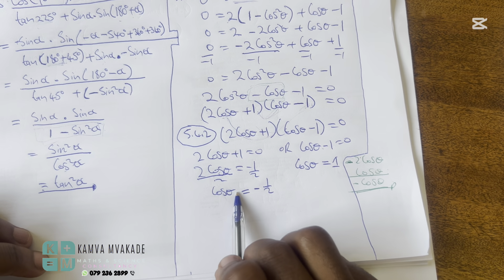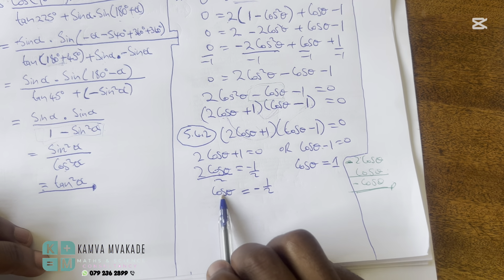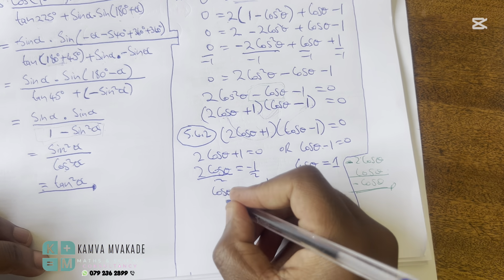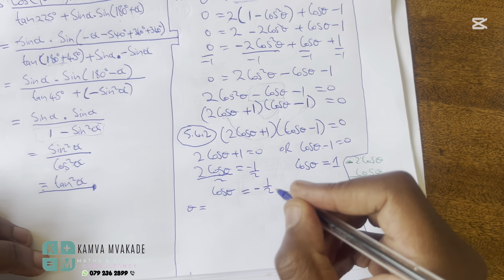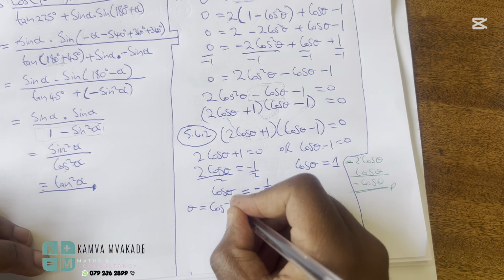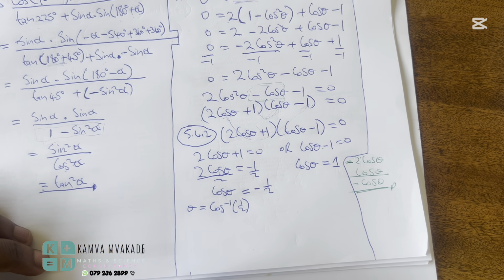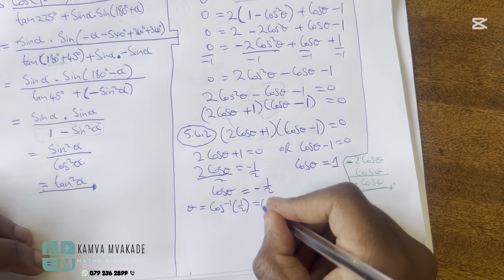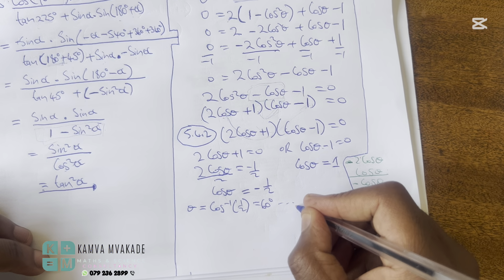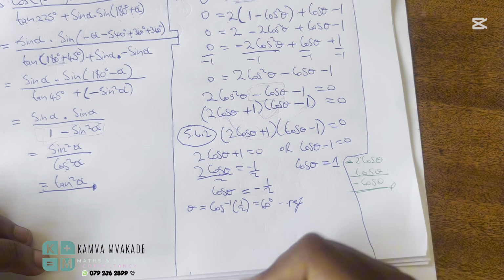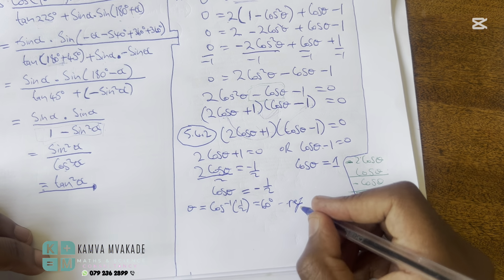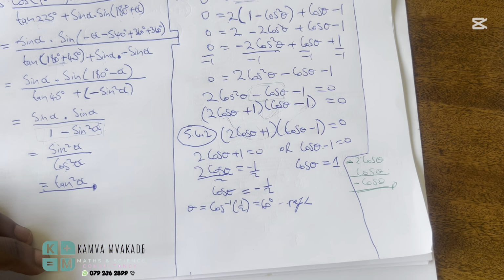So focusing on this one, we're going to have theta is equal to arc cos 1 over 2, which is going to give us 60 degrees. This 60 degrees is going to be our reference angle.